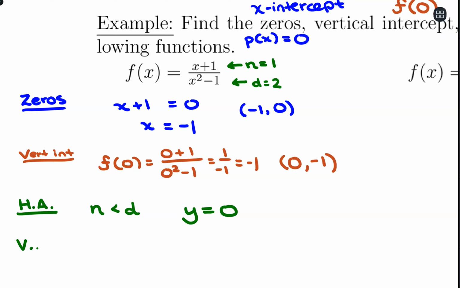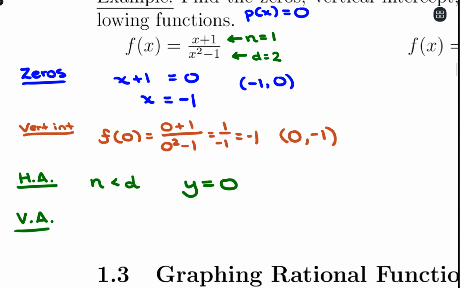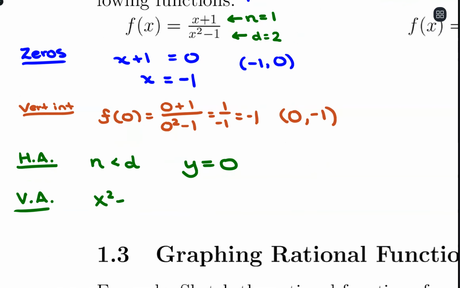And then for our vertical asymptote, we're going to take the denominator, that x squared minus 1, and see where does that equal 0. So I'm going to add 1 to both sides, take the square root, and we're going to get x equals plus or minus 1. So we're going to have two vertical asymptotes, x equals negative 1 and x equals positive 1.